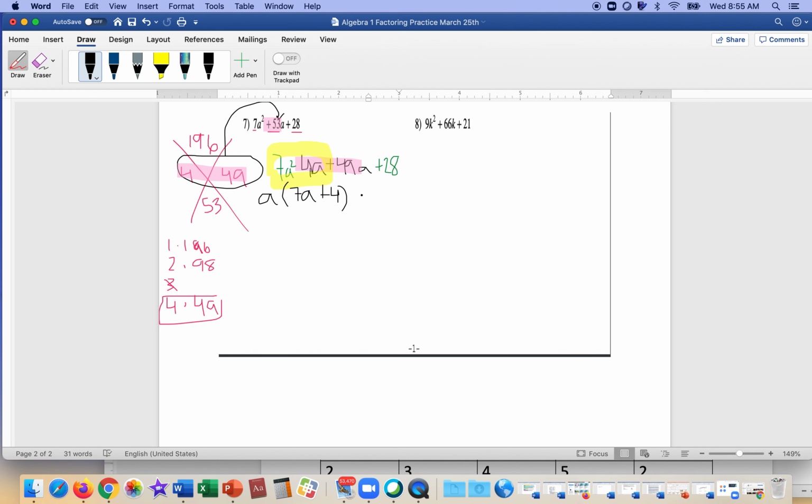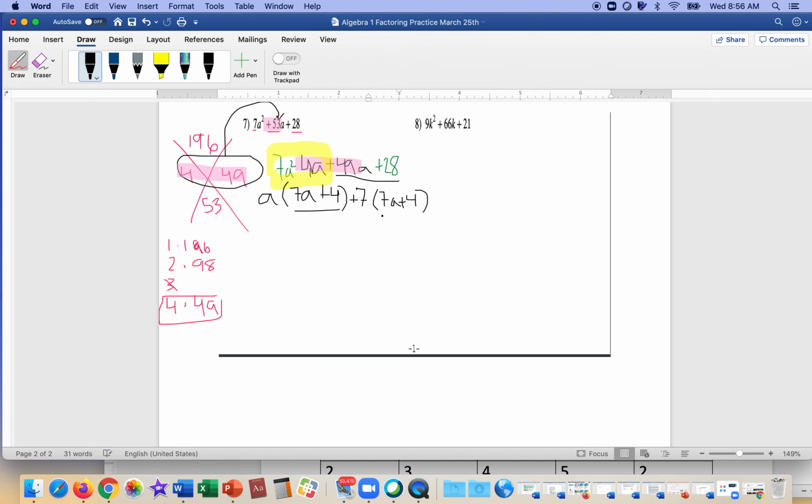Now for the right pair, I say, what do 49a and 28 have in common? So it's a 7. Always ask yourself, should it be positive or negative? I know it has to be positive because I want the parentheses to look the same. So 7 times positive 7a would get me positive 49a, and 7 times 4 would get me 28.